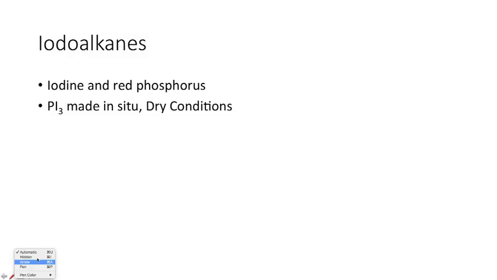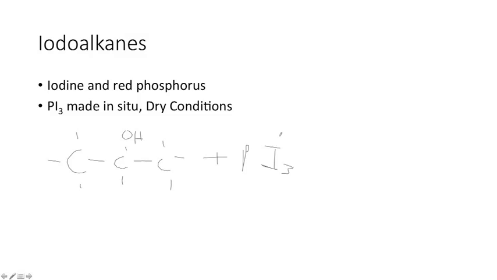So if we just go with PI3, let's take our propan-2-ol, and then we'll take our PI3. Oh, oops, I forgot that's produced in situ.